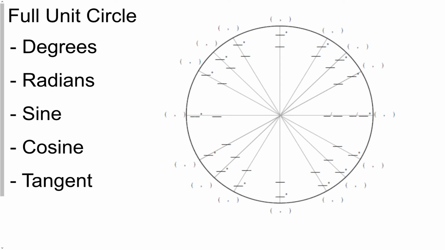Okay, so let's try it. Let's do degrees first. 30. Remember I said go around by 30s? 90, 120, 150, 180, right? We're just adding 30 degrees to get all these different angles. 210, 240, 270, 300, 330. I just added 30 degrees.